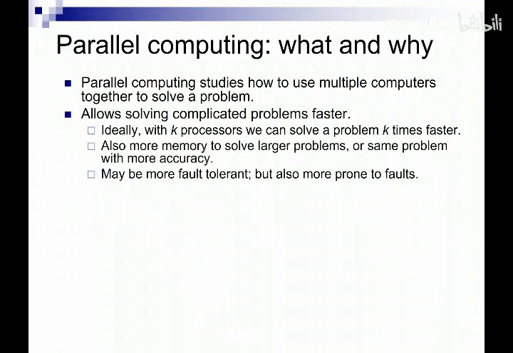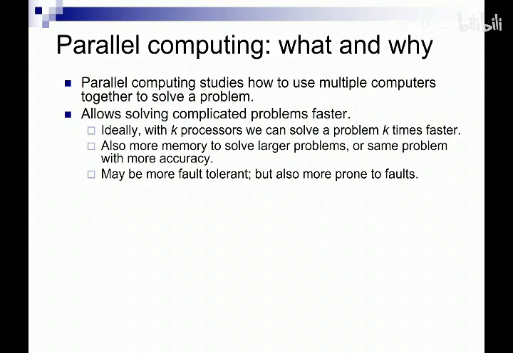Another reason to use multiple computers is that when you have multiple computers, collectively they have more memory, and so they can solve a larger problem. For example, if you're trying to do a simulation of some sort, and you have only one computer, it's got a limited amount of memory, and so you can only do a small simulation.